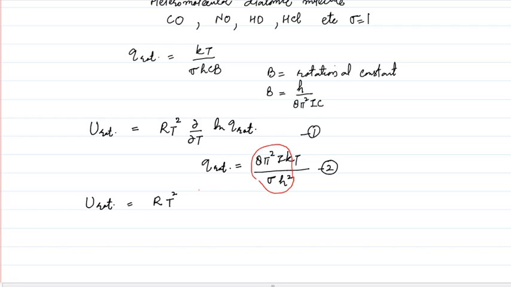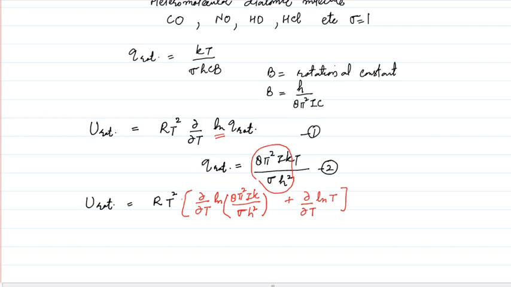So we can write ∂/∂T of ln of 8π²Ik upon σh² plus ∂/∂T of ln T, with RT square multiplied to both terms.